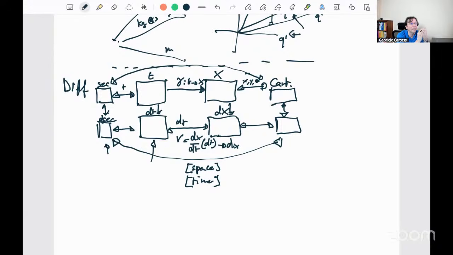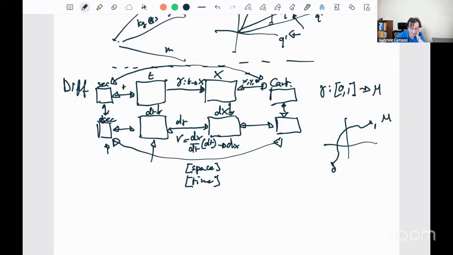That when you define a curve, you say, oh, I have a map from, let's say, 0, 1 to my manifold. And therefore, let's say that this is my manifold, right? And this is my curve, right? Let's say that this is 0 and this is 1.